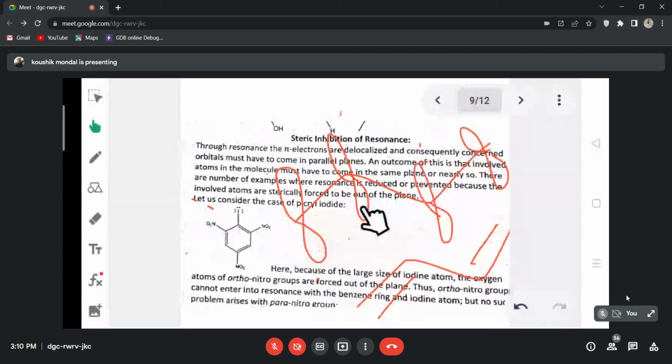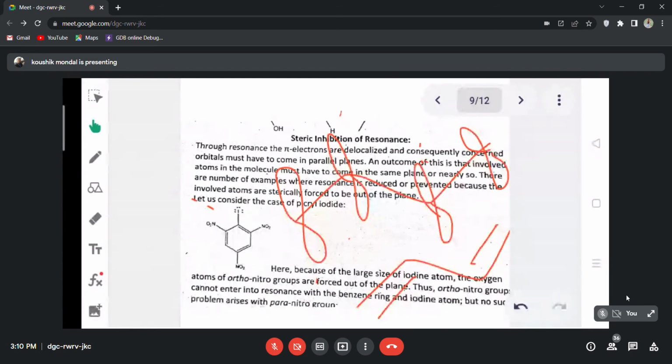But in this case, if this NO2 tries to resonate with the phenyl ring, then the NO2 must be in the same plane with this aromatic group, this benzene ring.